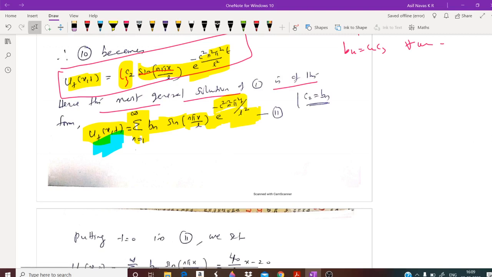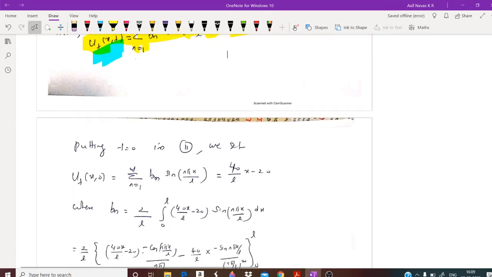Now we want to find out Bn. That is our aim. And we have an initial condition: u1 of x 0 is equal to 40 x by L minus 20.